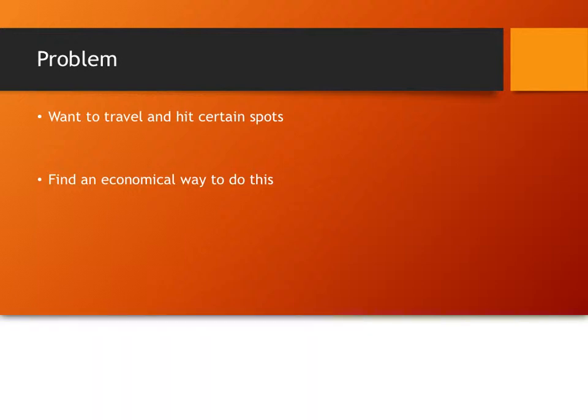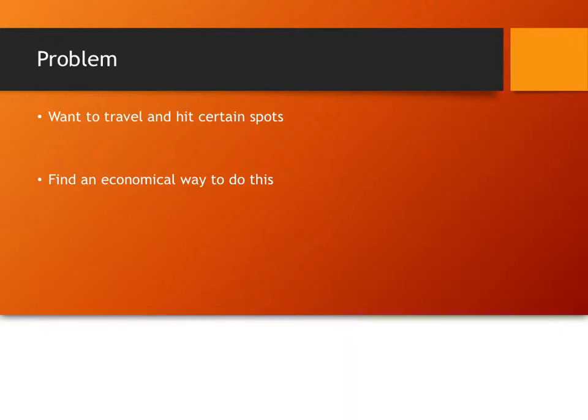So let's pretend we want to travel and hit certain spots. Like if you're a UPS driver or somebody who's designing the routes for the UPS drivers or FedEx drivers, you want to hit certain spots and certain delivery drop-off points, and you want to find an economical way to do this.